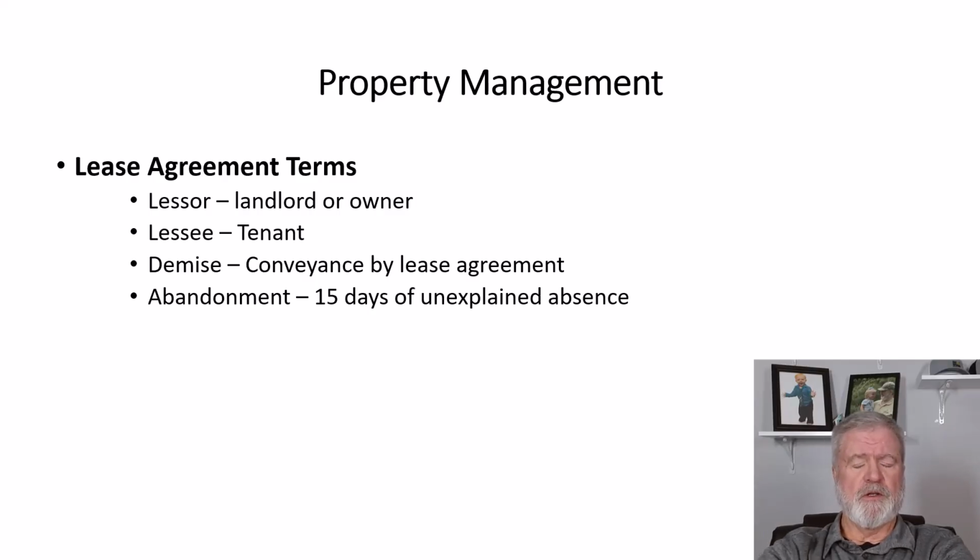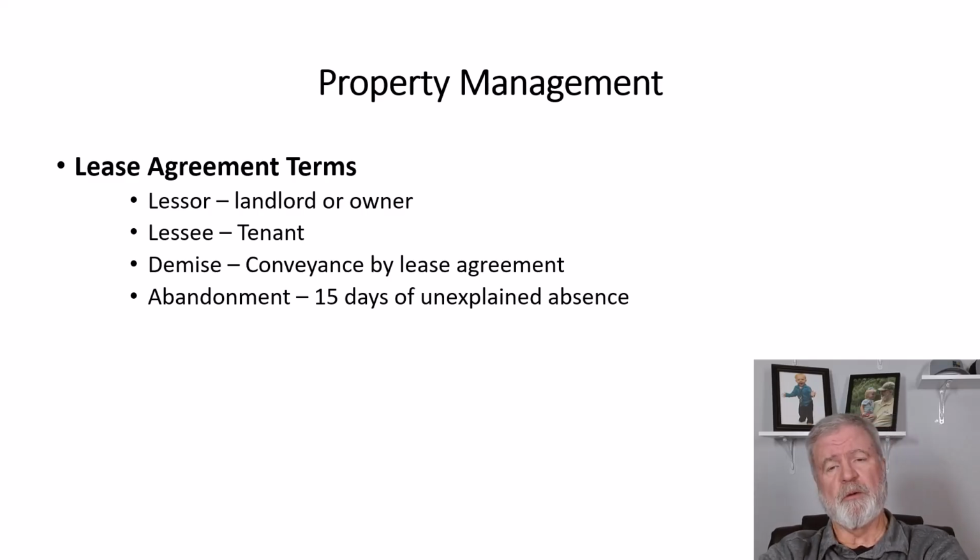And then you're going to see this term called abandonment. You'll probably see it a few more times a little bit later on. But abandonment just means 15 days of unexplained absence. Now, there is a reason, and it's important, if this occurs, to be able to prove abandonment.